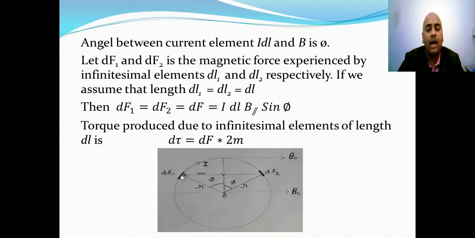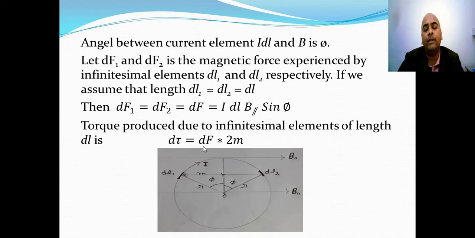Now two forces are acting on dl1 and dl2 whose magnitudes are equal but whose directions are exactly opposite. Due to these two equal and opposite forces on the loop, there will be a net torque on the points at dl1 and dl2, and the expression of torque on the infinitesimal lengths dl1 and dl2 will be the force multiplied by the distance between the elements.